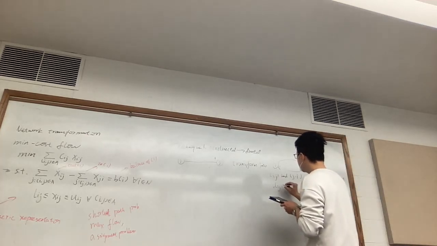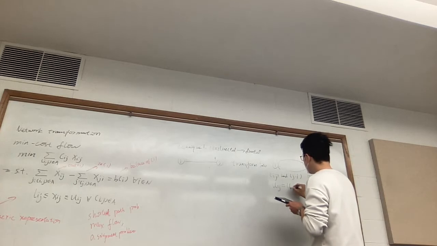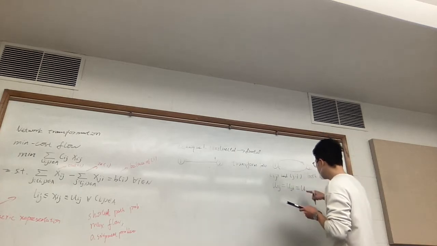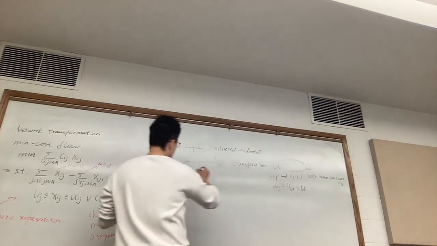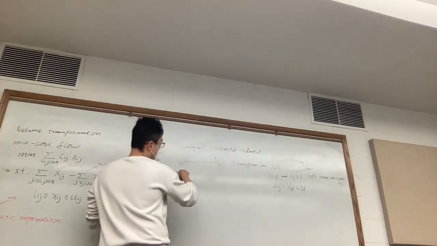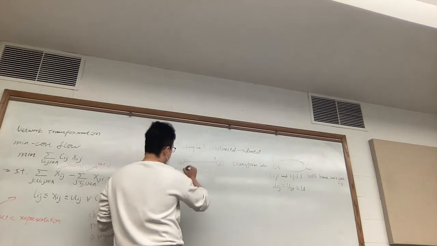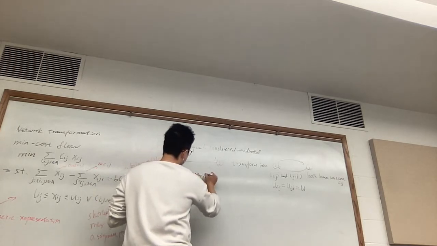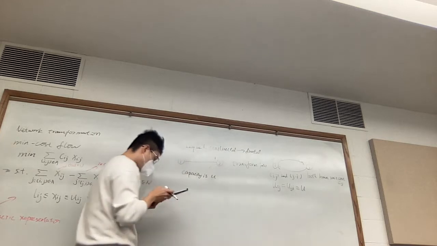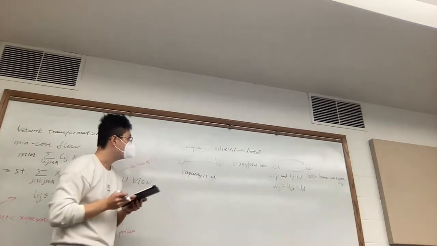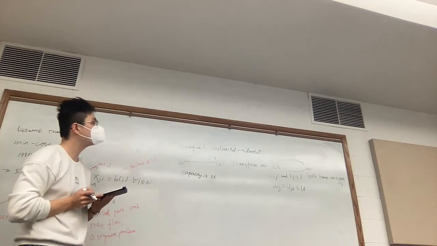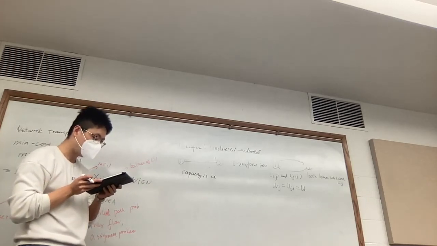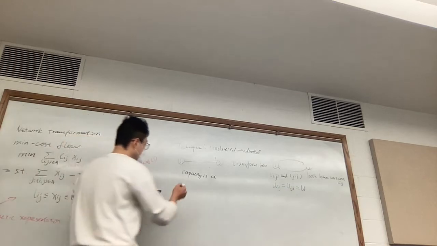And the Uij equals Uji. It's equal to U. So here I need to clarify: suppose the capacity of this undirected arc is U. But if you want to do this transformation, there are two things that you should be very careful about.